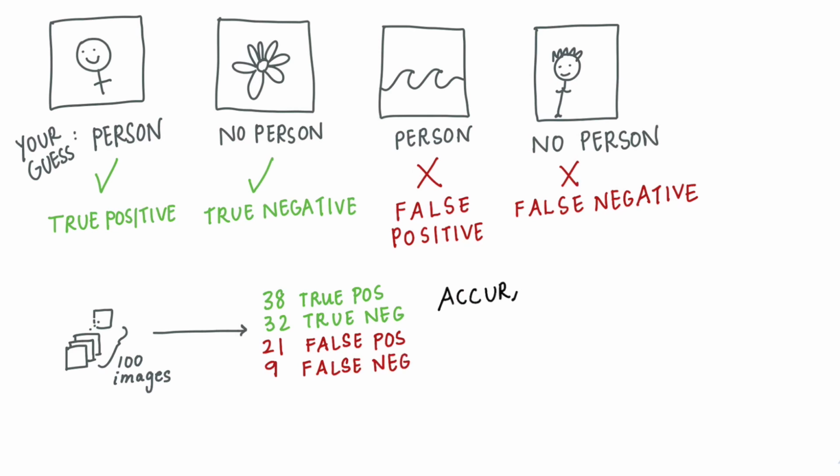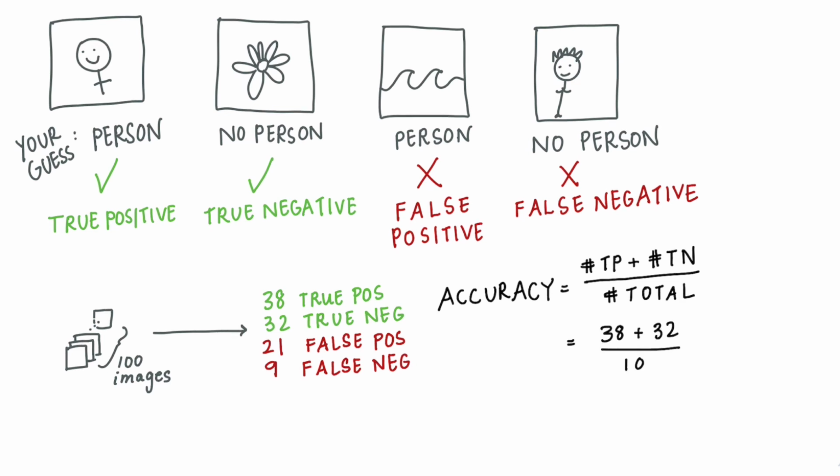Your accuracy would be the number of true positives plus the number of true negatives over the total number of items you classified, which equals 38 plus 32 over 100, which is 0.7 or 70% accurate.